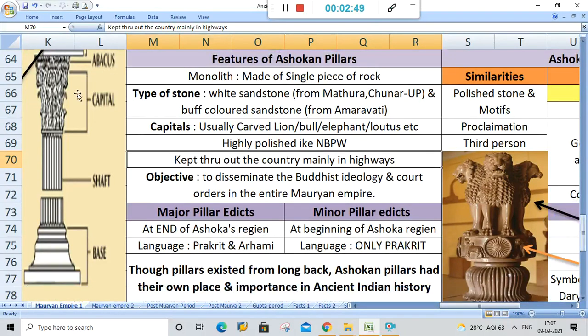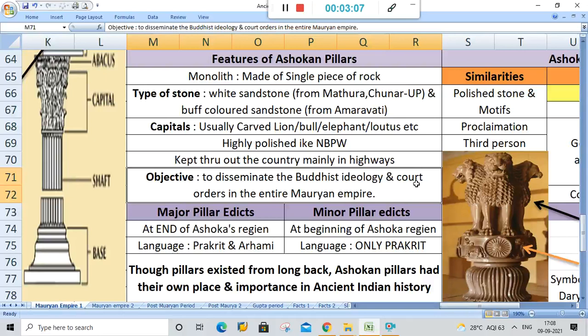Capitals. Capitals means we are talking about this part of the pillar. They are usually carved with lion, bull, elephant, lotus, etc. Highly polished like NBPW.